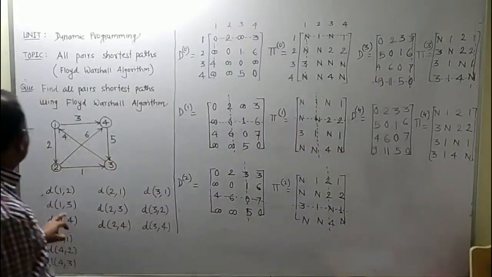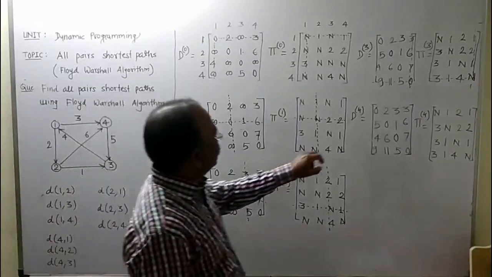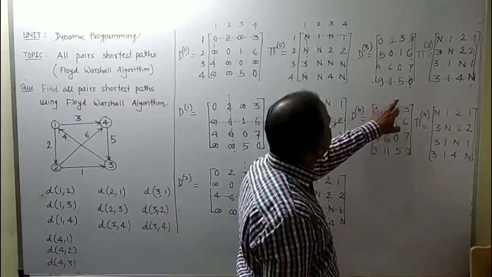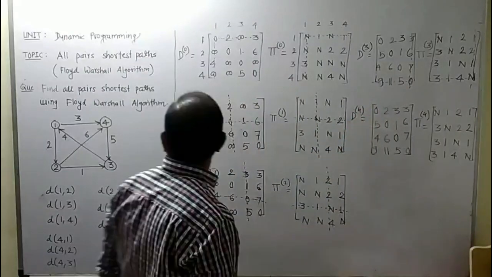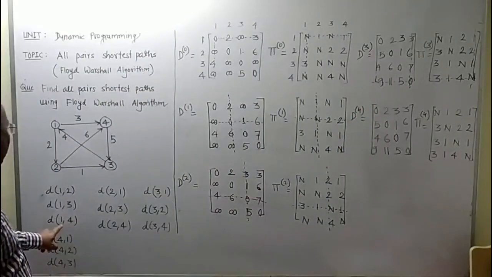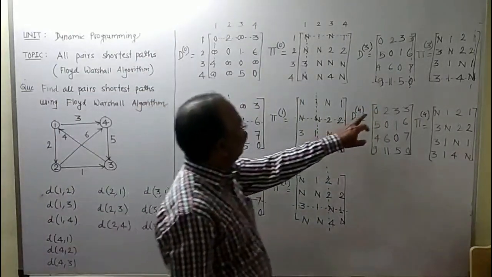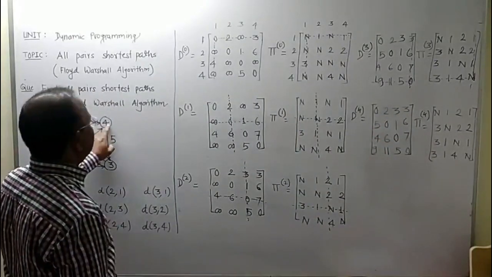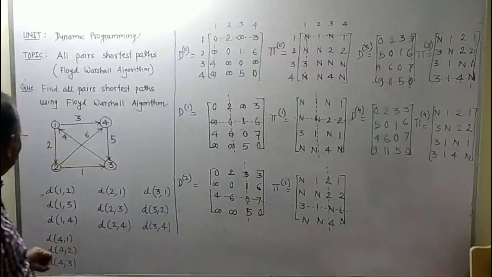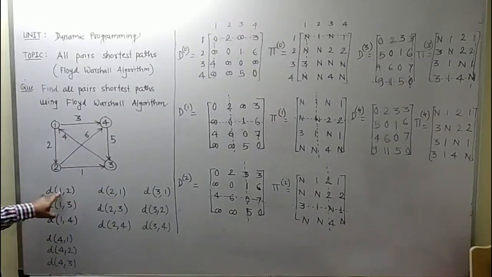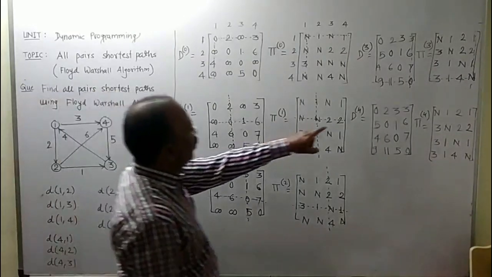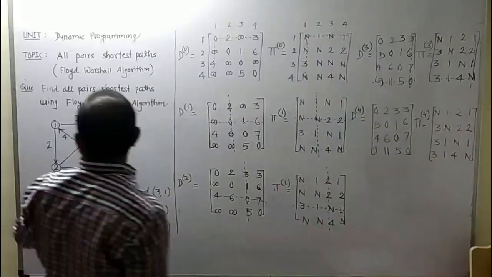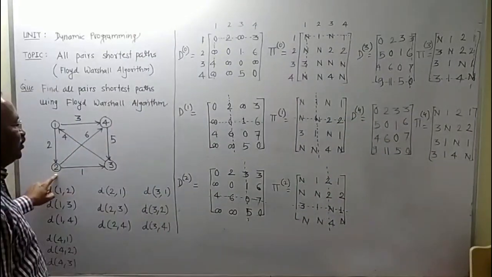Then distance from 1 to 3 is nothing but 3, right? Then distance from 1 to 4 is 3.